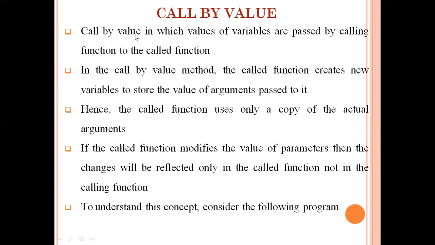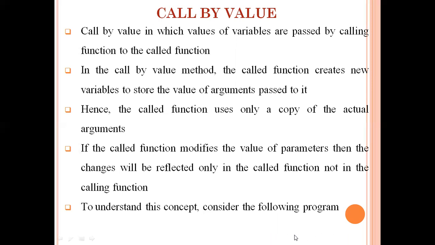This value is nothing but the values of arguments or parameters accepted by the particular function. So in the call by value method, the called function creates new variables to store the values of arguments passed to it. Hence the called function uses only a copy of the actual arguments.